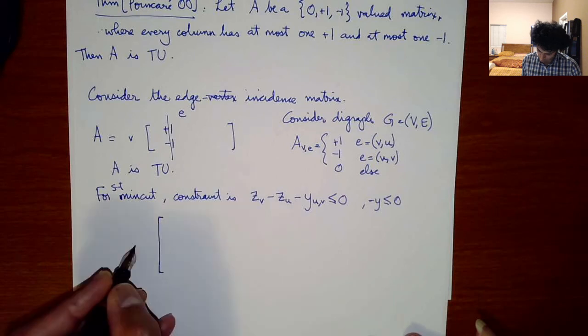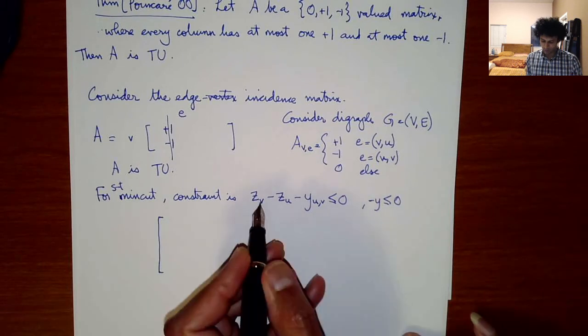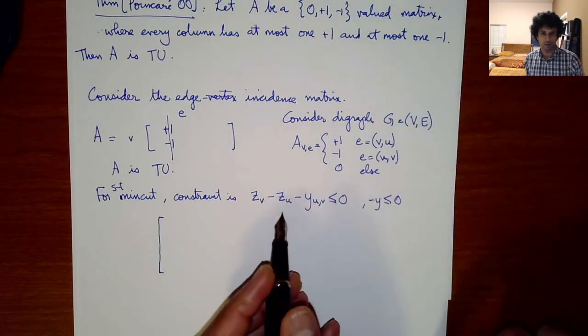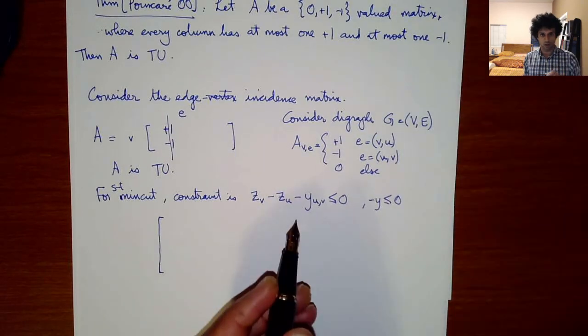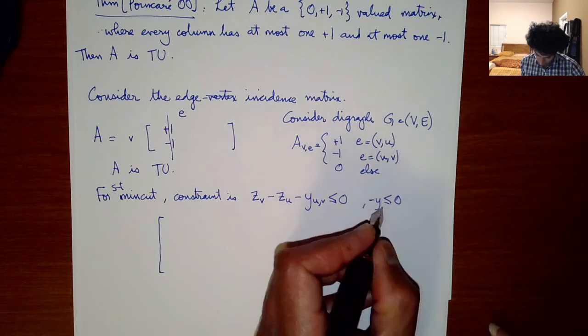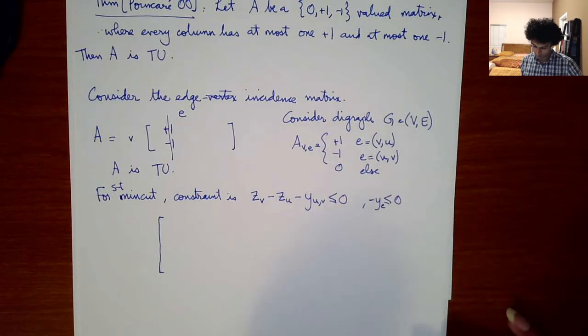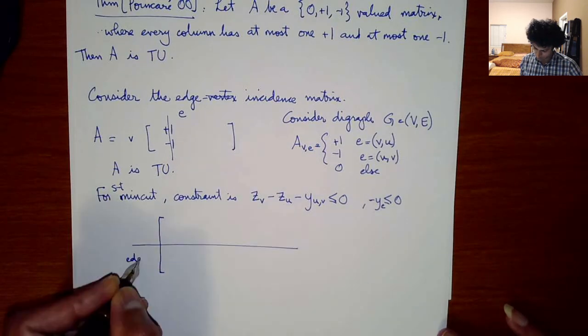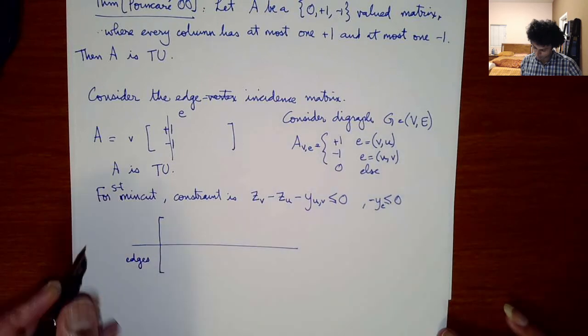We have two kinds of constraints here. We have the non-negativity constraints that I'm going to put into the matrix because we don't have all variables being non-negative, so I have to treat them separately. So this is Y_E. What we have here are all the edges for which you have the non-negativity constraint.